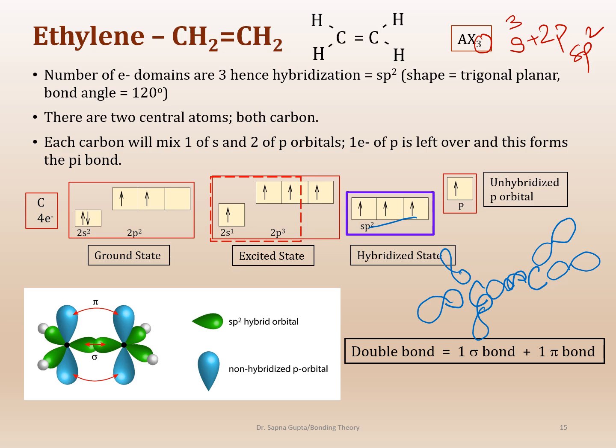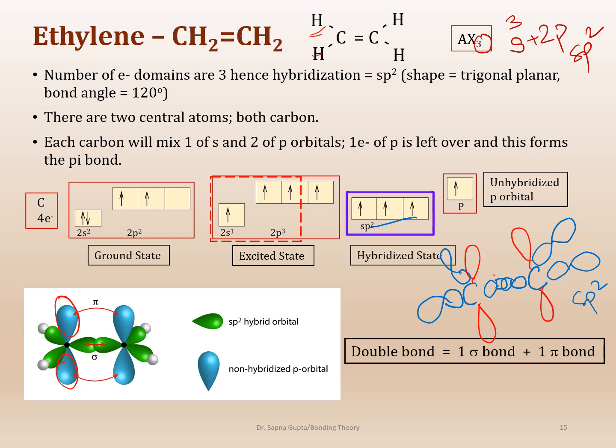Let me try this one again because the middle one is hard to see. I think I have one extra there. I don't need that. So carbon with 3 of the sp2, right? That's that. Now you also have the unhybridized, and the unhybridized p orbital is just a regular dumbbell, which is this one.